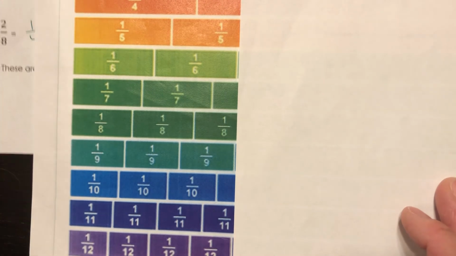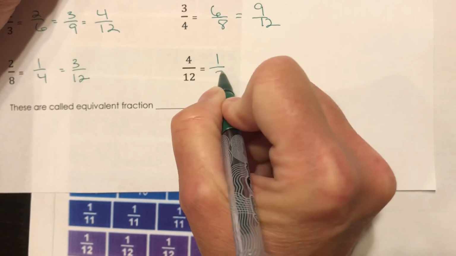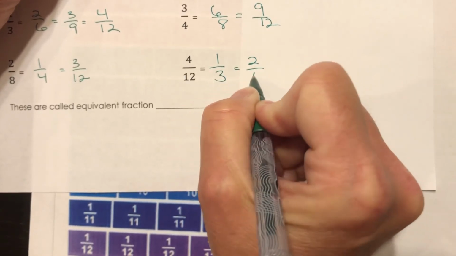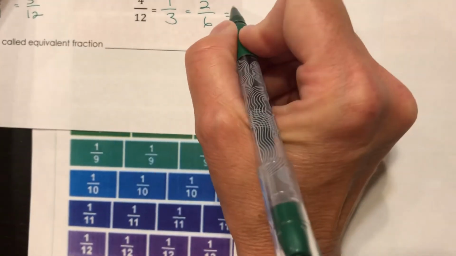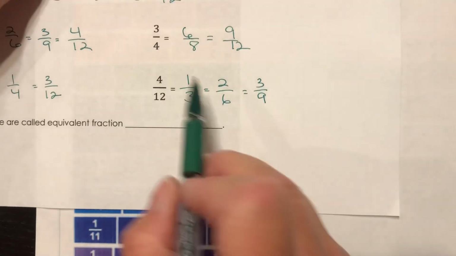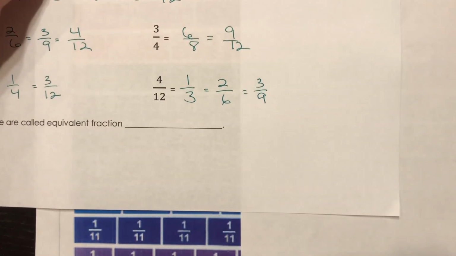Okay, so we're going to list this out. I see 1/3. I see 2/6. I see 3/9. So those right here are equivalent to 4/12.